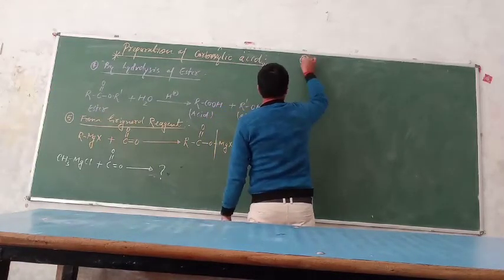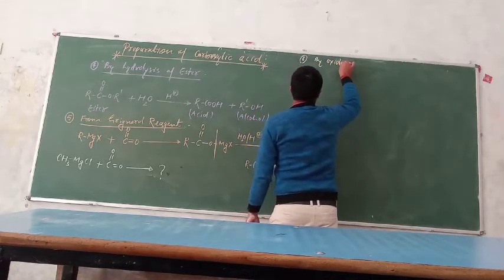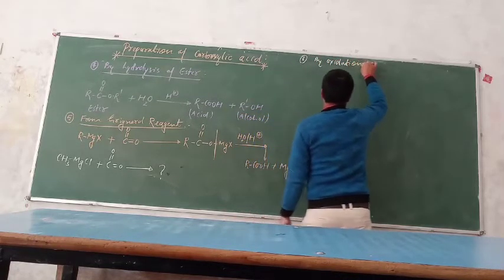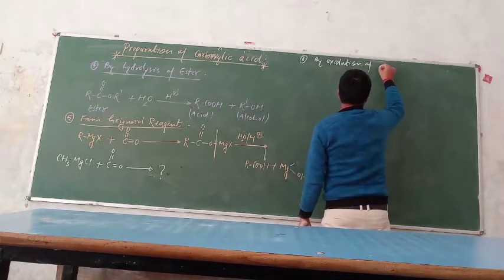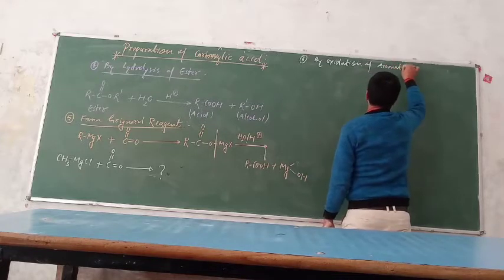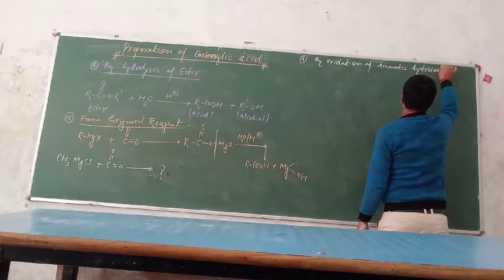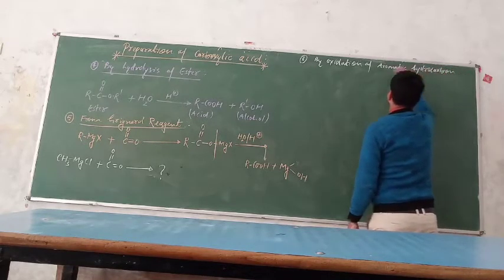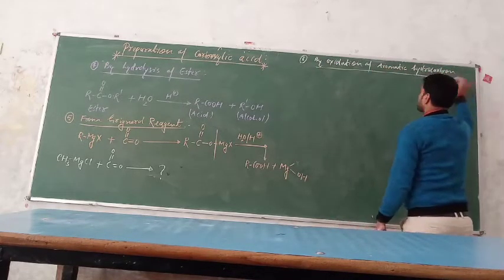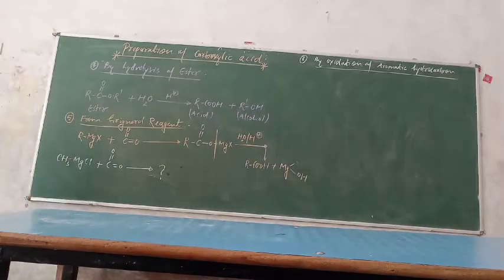Next, the sixth method, by the oxidation of aromatic hydrocarbon. When the oxidation of aromatic hydrocarbon is carried out in the presence of alkaline KMnO4, then we get the product, that is benzoic acid.